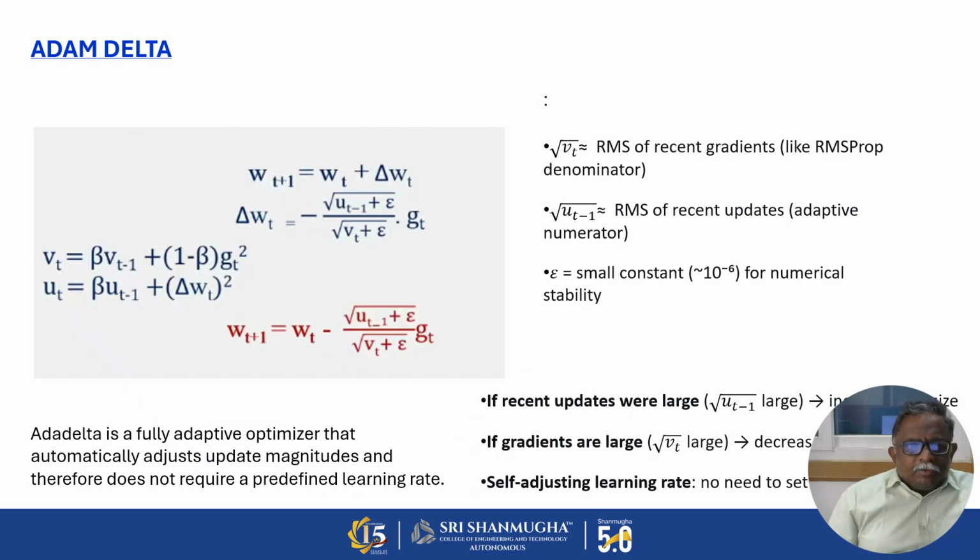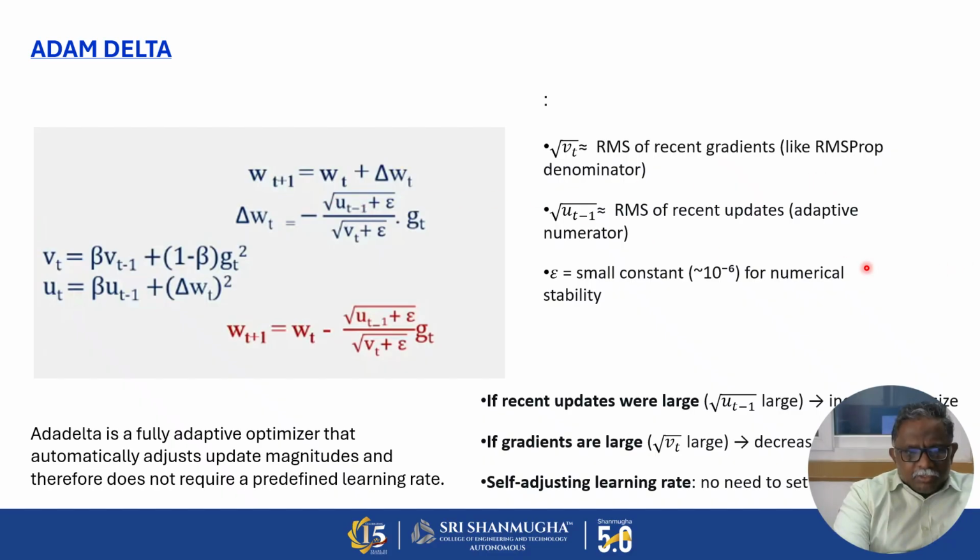The next one is Adadelta. Initially, you don't need to manually fix the learning rate. In the denominator, you have the square root of VT, the recent gradients, and in the numerator, you have the square root of UT minus 1, the recent updates.